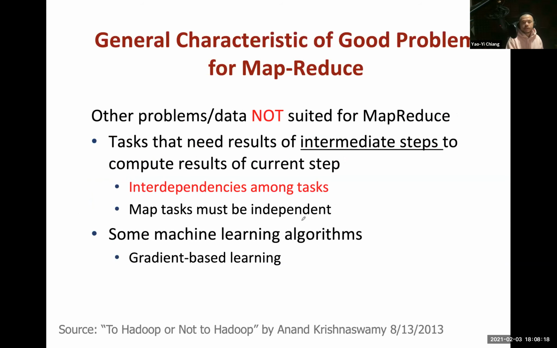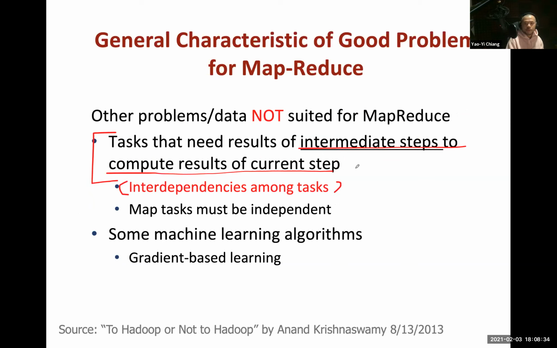Some other problems that are not suitable for MapReduce: tasks that need results of the intermediate steps to compute the result of the current steps. So this means you have some interdependencies between tasks.